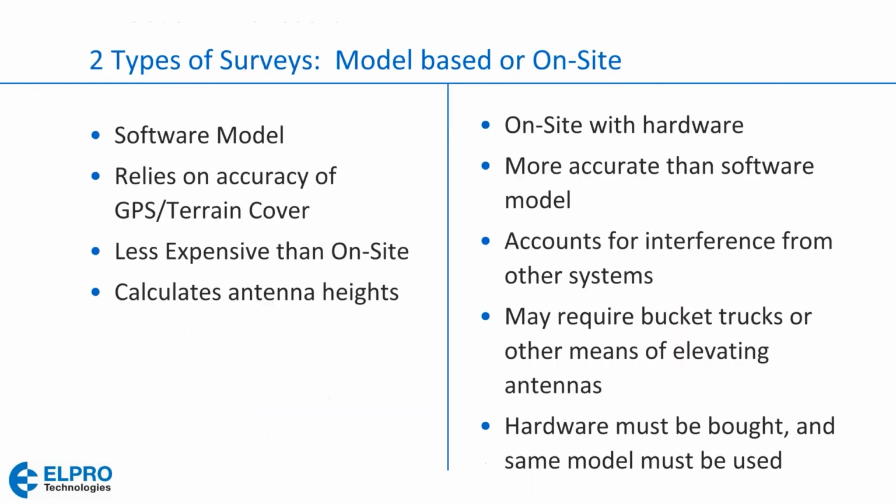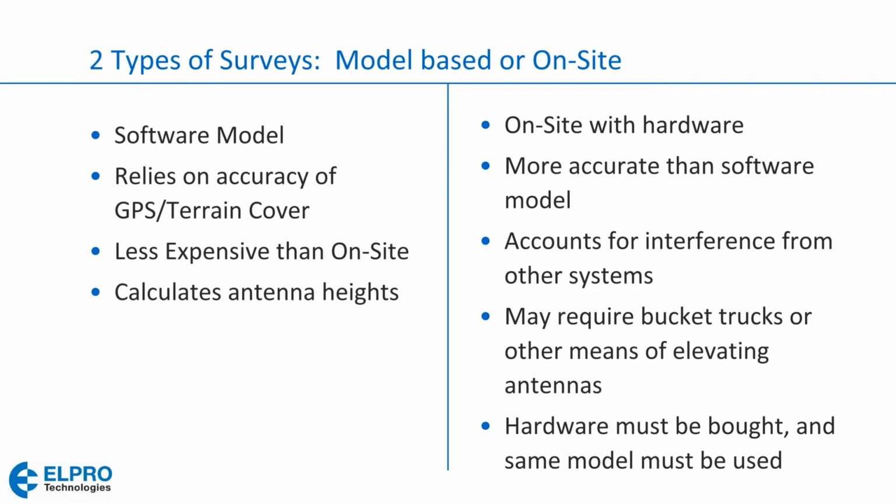Okay, so now there are two types of surveys that can be done. We can either have a software model or we can do on-site surveys. And there are some big differences between the two. For the software model, what's involved is you would determine the GPS coordinates of all the locations.